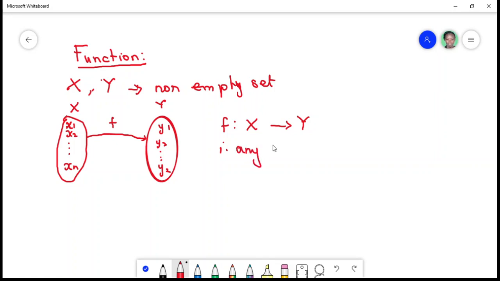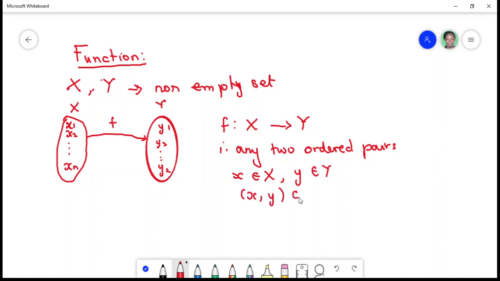So if I pick x in X, then y in Y, I could form an ordered pair, x and y, which is in my function f. That is what the function is.